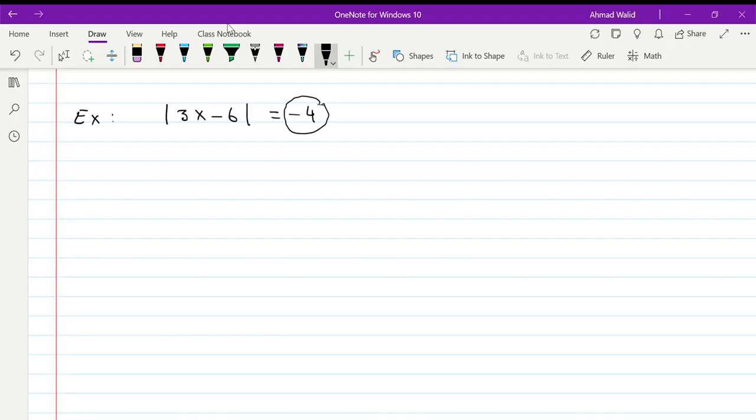And we know the absolute value of a number is always positive, a number without sign. It means I don't even need to solve this equation. Immediately I know my answer: no solution. This equation has no solution. Correct? Another example.